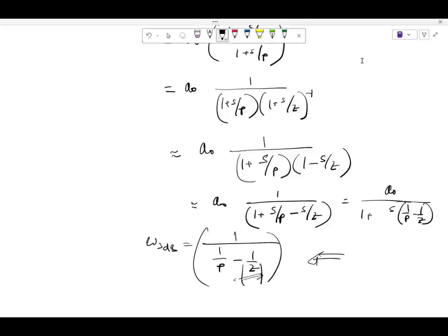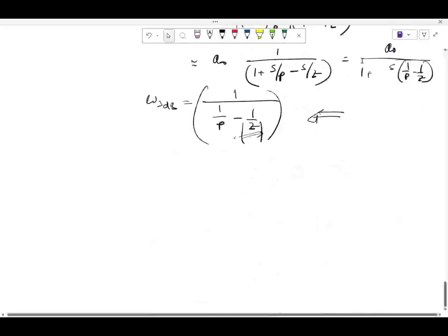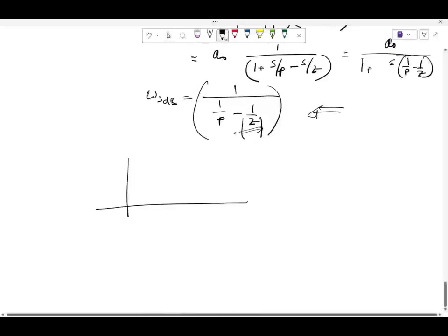Because if I have a zero in the numerator, it is always expected to increase my 3 dB bandwidth. Correct? Phase is a different story, but if you are confused, then you can plot it out.